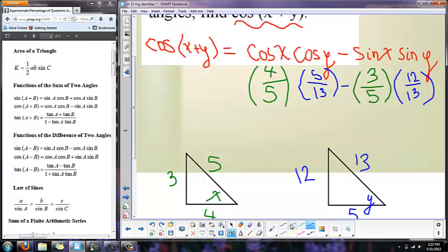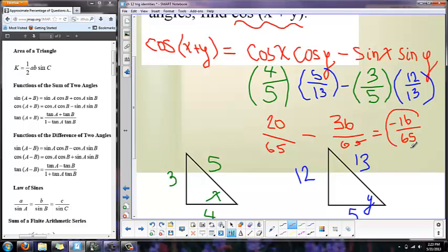So 4 times 5 is 20, divided by 5 times 13, which is 65, minus 3 times 12 is 36, over 65. So this is a negative 16 over 65. And that is what cosine of A plus B is equal to.